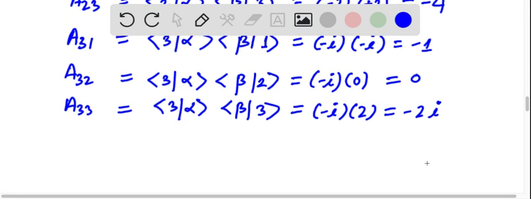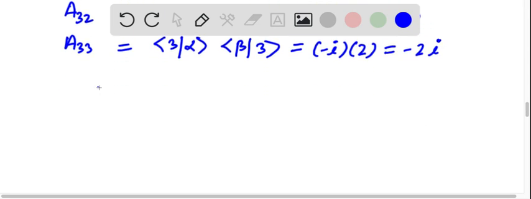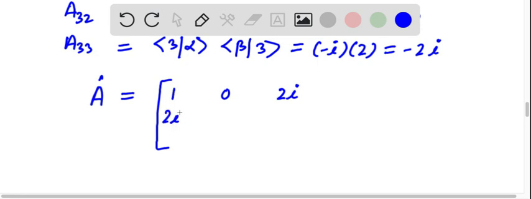Thus the matrix A can be written as: 1, 0, 2i; 2i, 0, minus 4; minus 1, 0, minus 2i.